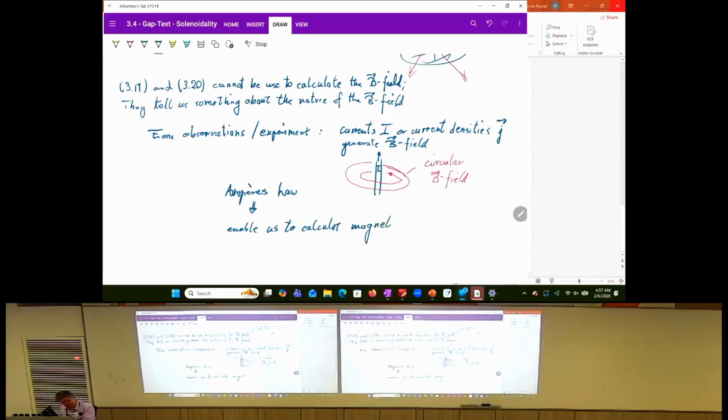So now you wonder why I say this is source-free, and at the same time I say it is generating this B field if there's current flowing. Let me give you a comment on that too. From I or J, we can calculate the magnetic fields generated from I or J. That will go here to chapter 3.5.